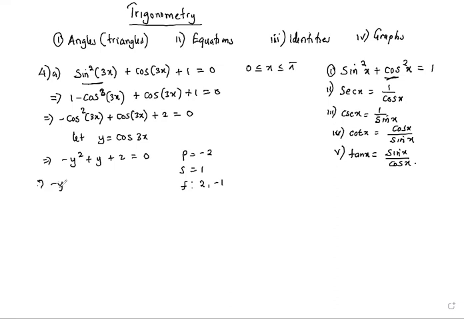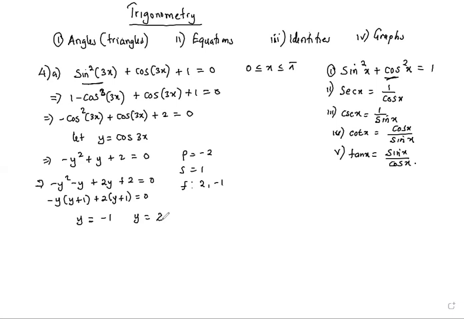So we have minus y squared minus y plus 2y plus 2. So that minus y gives us y plus 1, and plus 2 gives us y plus 1. So we get y is equal to minus 1, or y is equal to 2.